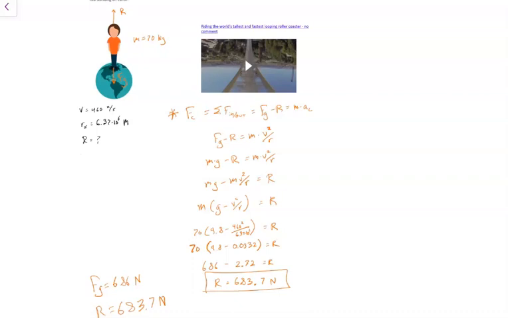How fast does the Earth need to spin, so it's my linear velocity v, so that you do not feel a normal force? That means you are orbiting the Earth. Like you can jump up, and when you jump up, you don't change heights. You just orbit the Earth.